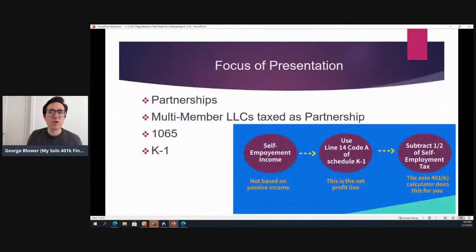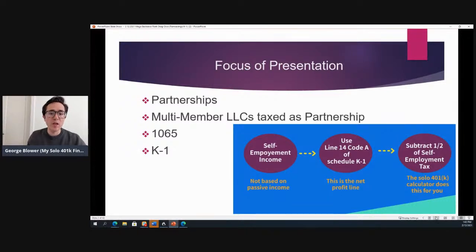So the focus of the presentation is again going to be geared towards someone whose self-employed business is organized as a partnership, a multi-member LLC. So that means that the individual is filing a 1065 and receiving a K-1.